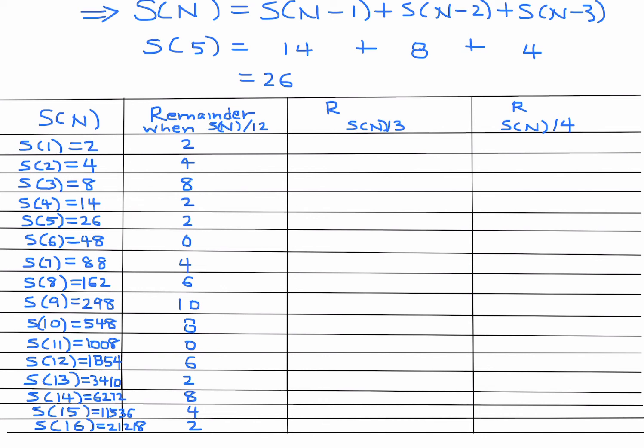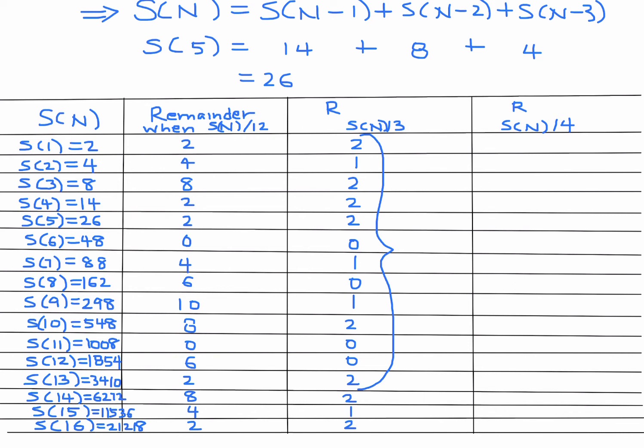What are the remainders? We get 2, 1, 2, 2, 2, 0, 1, 0, 1, 2, 0, 0, 2, 2, 1, 2. Okay, there is a pattern.